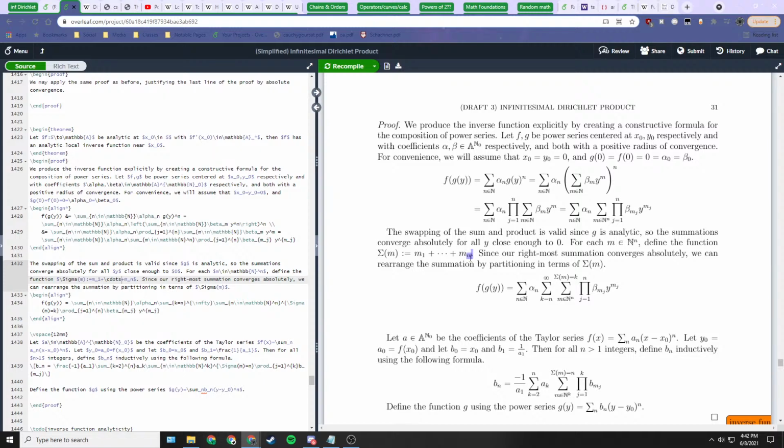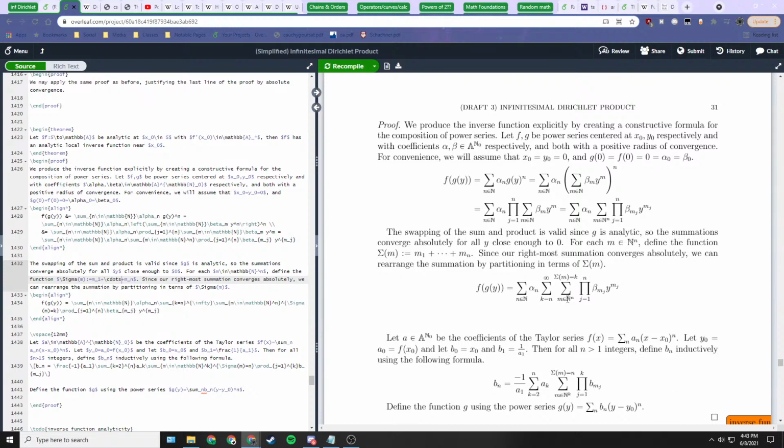And so we're saying since this sum converges absolutely, we can split this up using k. So k will run from n up to infinity, and we'll split this in terms of each m in this lattice. We'll split it up in terms of this summation, sigma m equaling k.